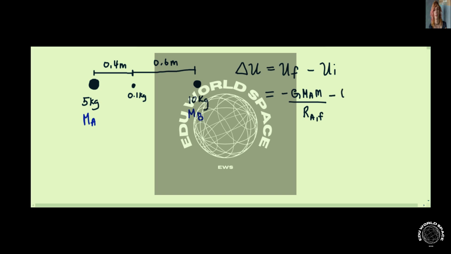Then we subtract a term for the gravitational potential between B and the small mass. So that's going to be UF.